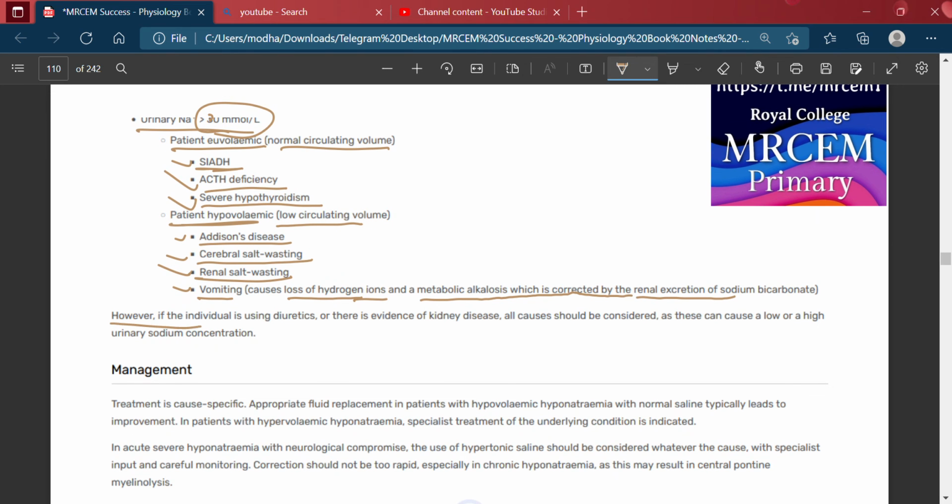However, if the individual is using diuretics or has evidence of kidney disease, all causes should be considered, as these can cause low or high urinary sodium concentration.